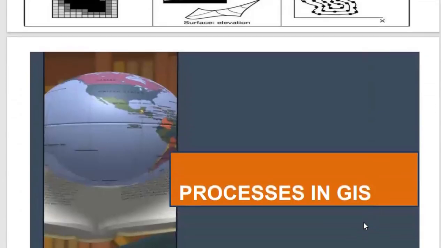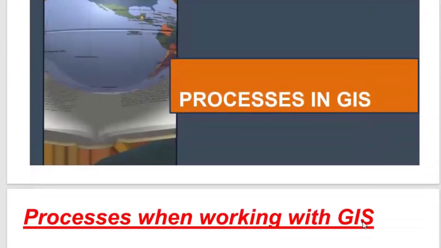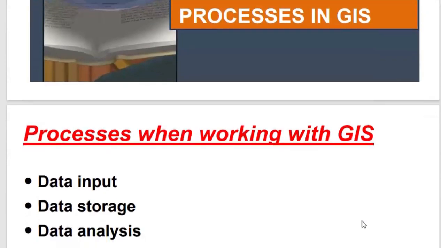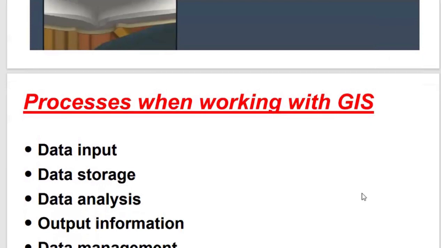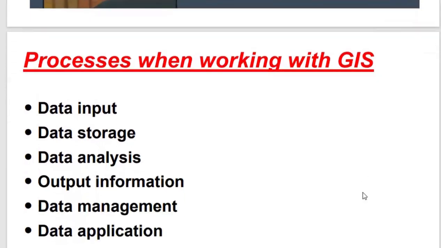Right. Then we are going to processes in GIS. Processes when working with GIS, we have data input. We are inputting data into the GIS system. And then we have data storage. After capturing, we put it into the system, and then we store it in the system. Then we can do data analysis, then output of information.